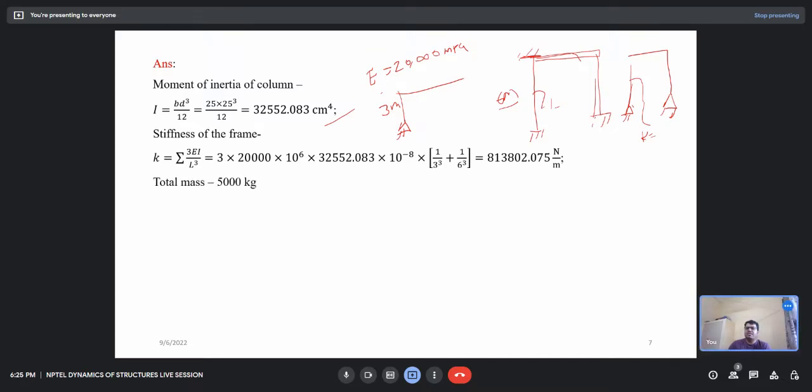After getting the stiffness, the mass is given as 5,000. So can you calculate the time period of the frame? You have the stiffness and the mass, so the time period is simply 2 pi square root of m by k.